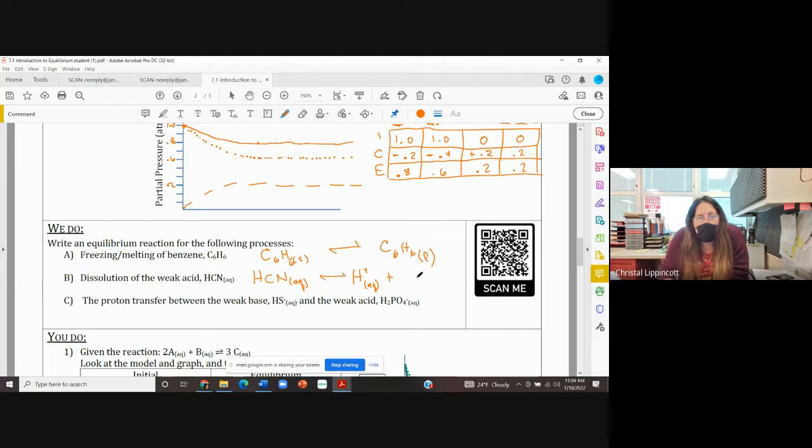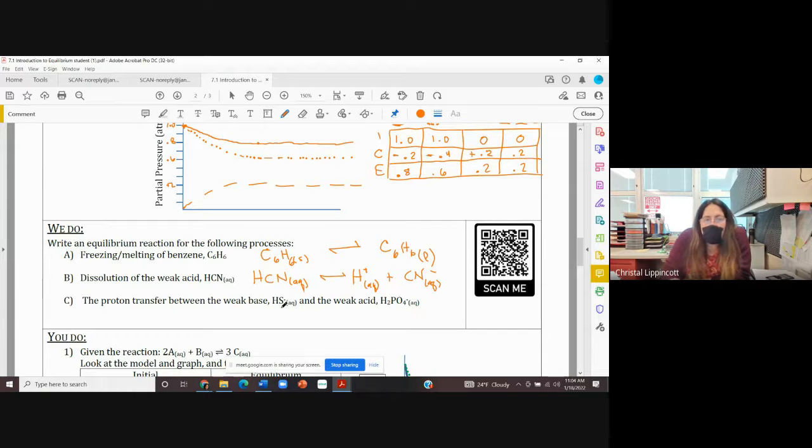So what's the other part going to be? CN aqueous. I'll buy that. What else do I need on there? A negative. Yes. There you go. All right. So this broke apart into ions.